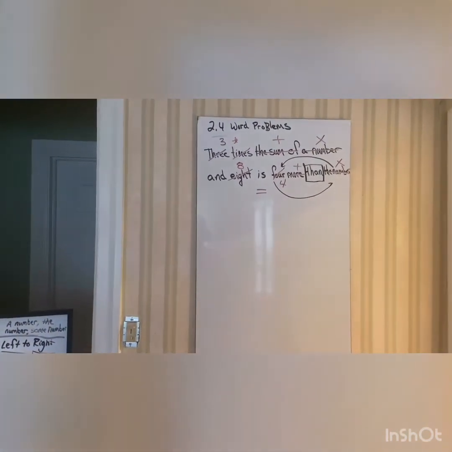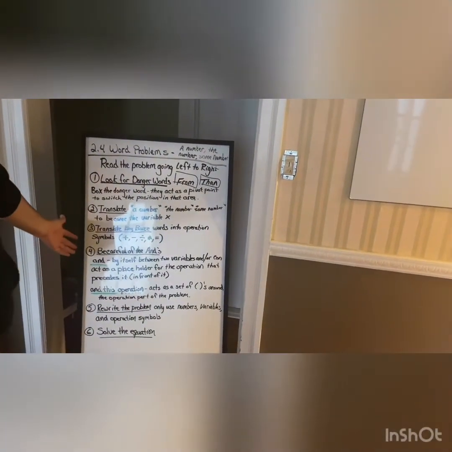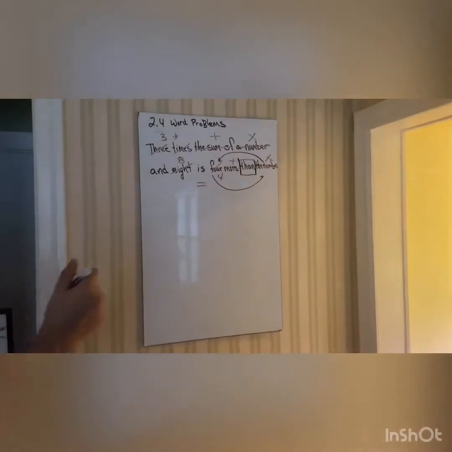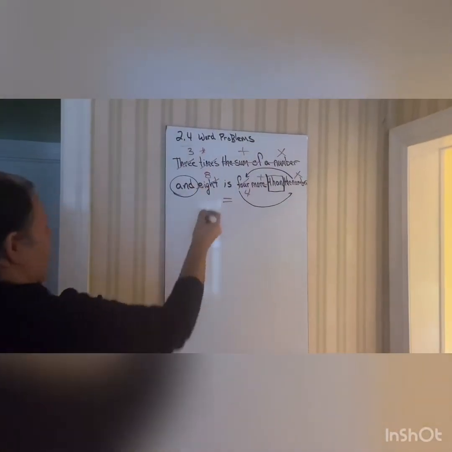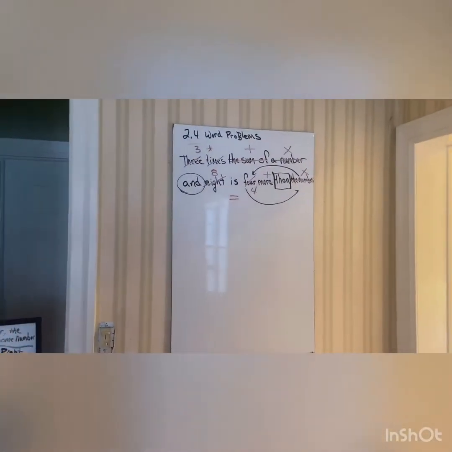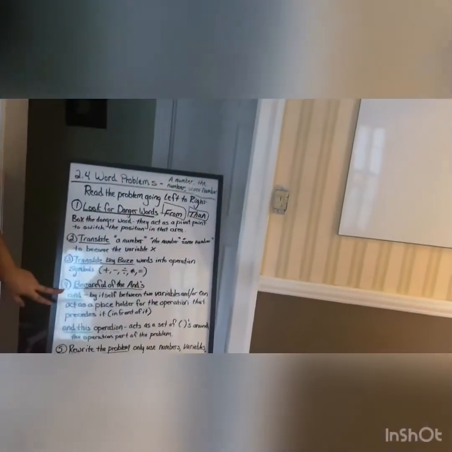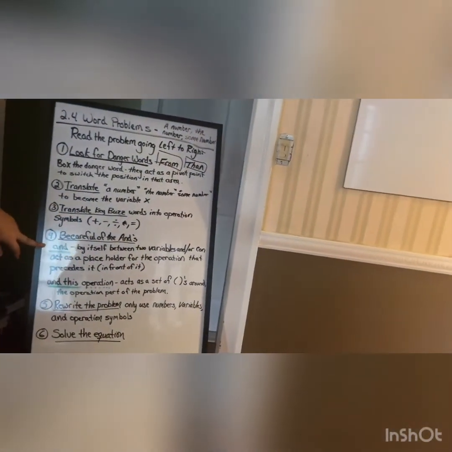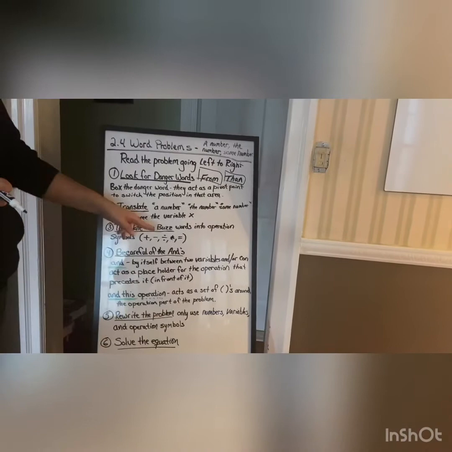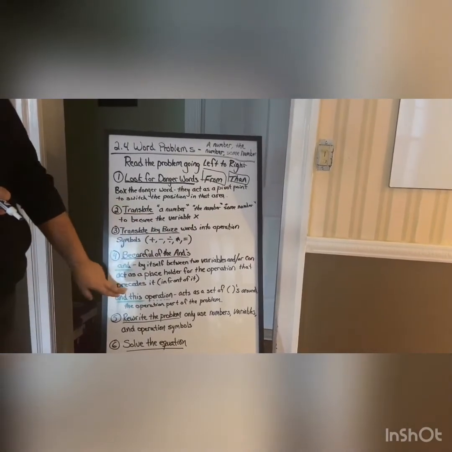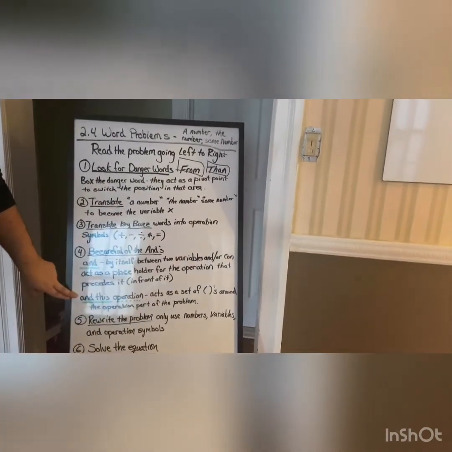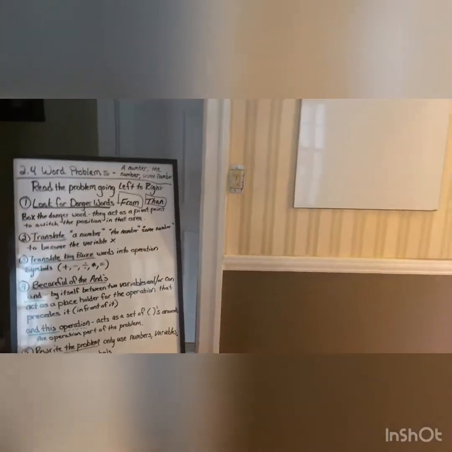Now, do we have the word and, because that's step 4? Yes, we do have the word and. Remember, I skipped it. Let's see what type of and is it. Is it going to be our placeholder and? That's going to be between 2 letters or 2 numbers or a letter and a number. Or is it going to be an and that is with an operation word? Notice the and here.